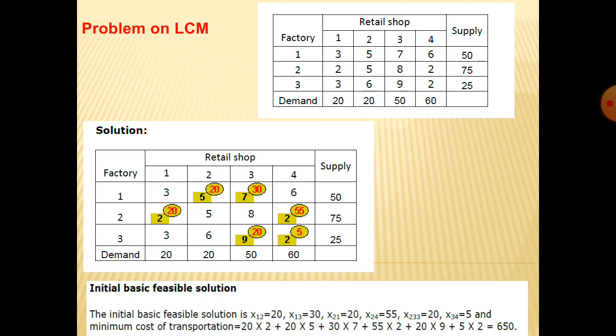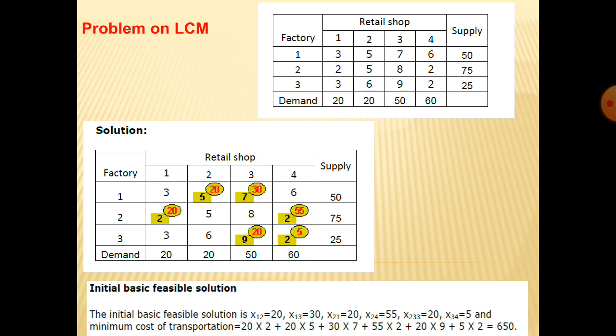Today's summary of the class. At the end, in today's class we have discussed the unbalanced transportation problem. In the unbalanced transportation problem, the supply is less or the demand is less. We have to make supply and demand equal. An unbalanced transportation problem is converted into a balanced transportation problem by adding a zero cost row or zero cost column.